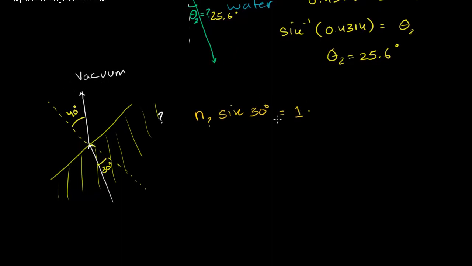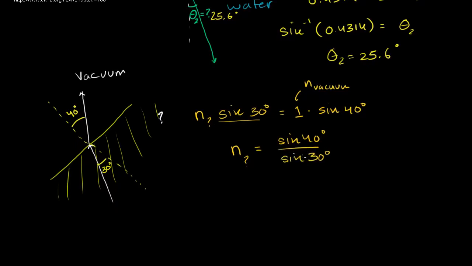I'll just write a 1 there, times the sine of 40 degrees. Or if we wanted to solve for this unknown refraction index, we just divide both sides of the equation by sine of 30. So our unknown refraction index is going to be the sine of 40 degrees over the sine of 30 degrees.